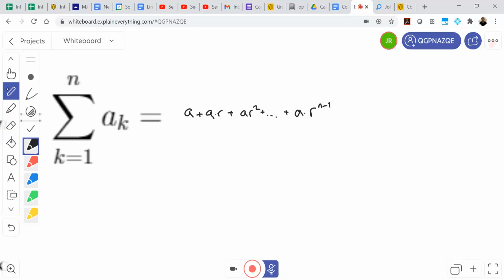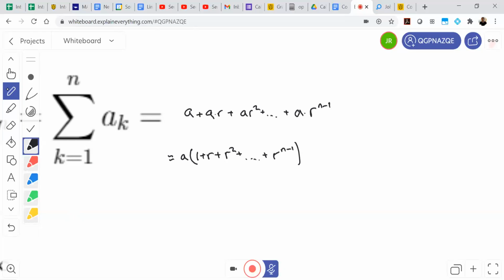Now, I'm going to do two things here. First, I'm going to factor out the a so that I can write this as a times 1 plus r plus r squared plus dot, dot, dot, up to r to the n minus 1.